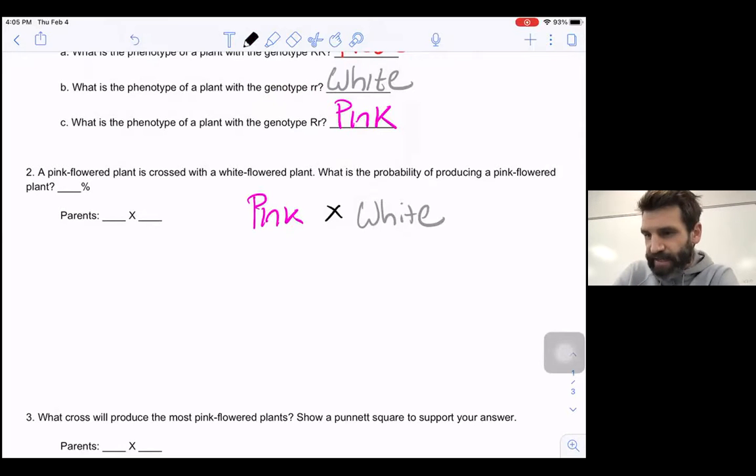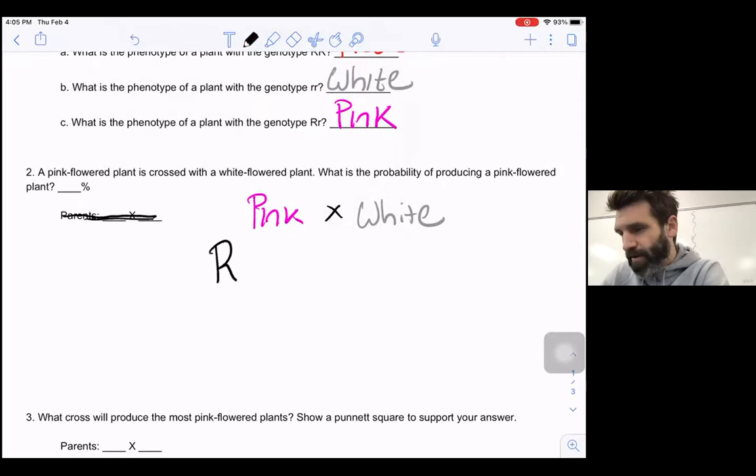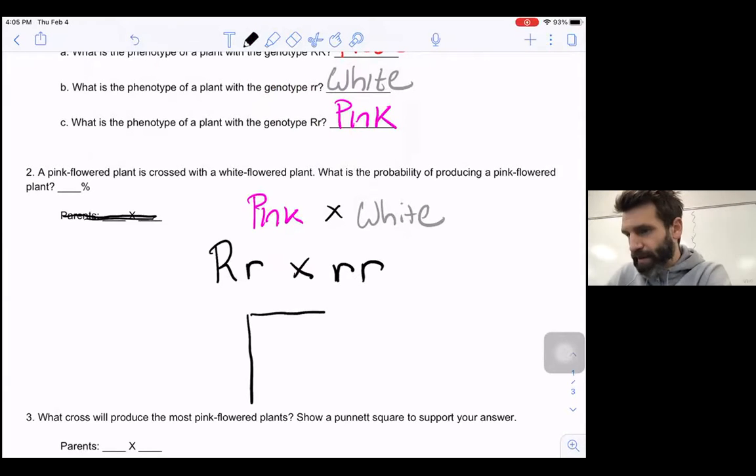Okay, oops, I think I was supposed to have 2 of those parents. Let's just cross that out. We don't need that. Okay, so a pink flower, so that is capital R, little r, is crossed with a white flower. And what is the probability of producing a pink plant?